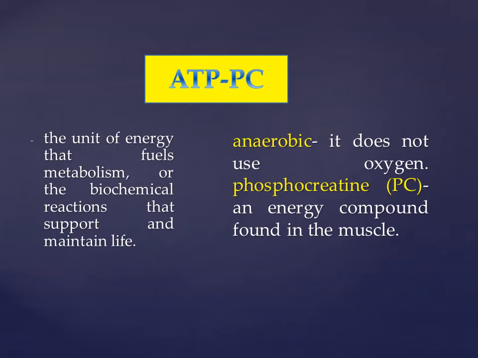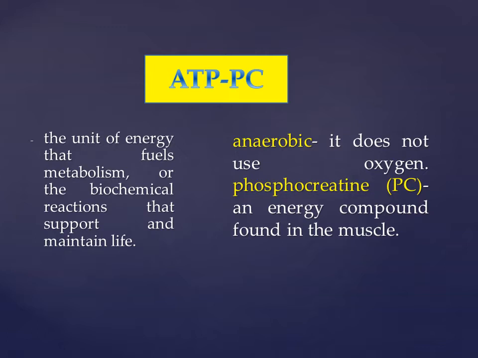ATP-PC is also called anaerobic, which means it does not use oxygen. The ATP-PC utilizes the relatively small amount of ATP already stored in the muscle for this immediate energy source.